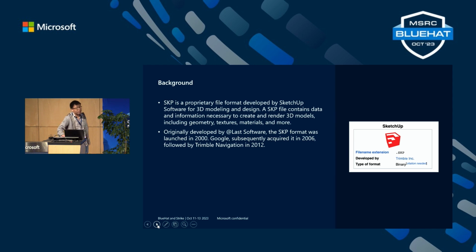The SKP is a proprietary file format created by SketchUp software, mainly for 3D modeling and design. Inside a SketchUp file, you find all necessary information to create and render 3D models, like geometry, textures, materials, and more.